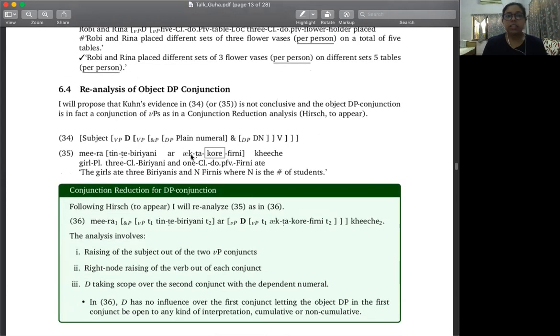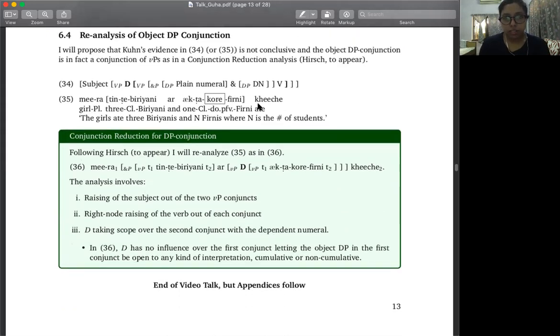Finally, reanalysis of the object DP conjunction. I'll propose that Kuhn's evidence in 34 repeated from above, or the example 35, instantiating the prediction is not conclusive. And the object DP conjunction is in fact a conjunction of little VPs in a conjunction reduction analysis proposed by Hirsch's work. So 35 will be analyzed as 36 as a conjunction of little VPs in a conjunction reduction analysis.